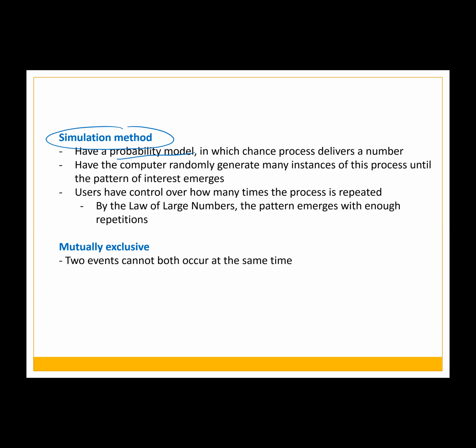Then you have a computer randomly generate as many instances of this process until the pattern of interest appears. So kind of like you run a lot of trials, trying to get closer and closer to the actual values that you're looking for.